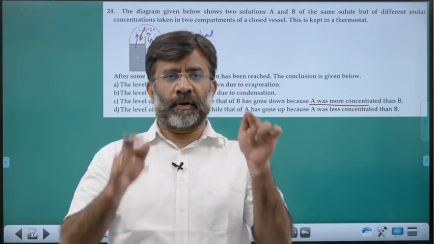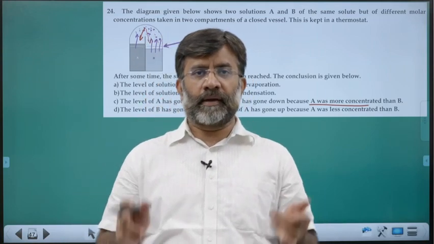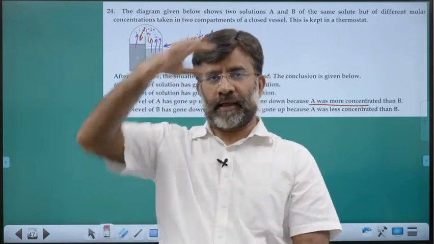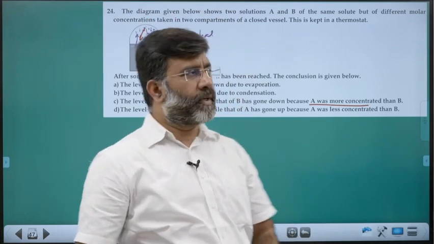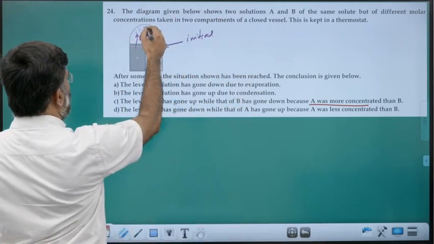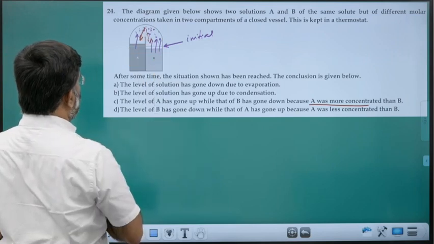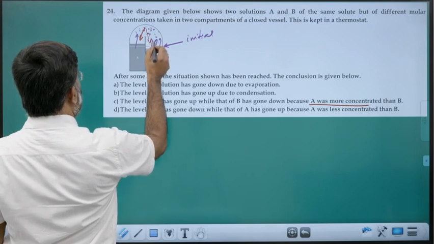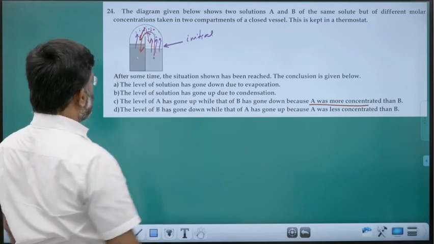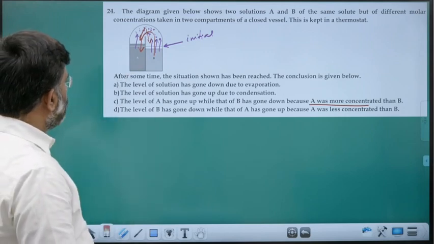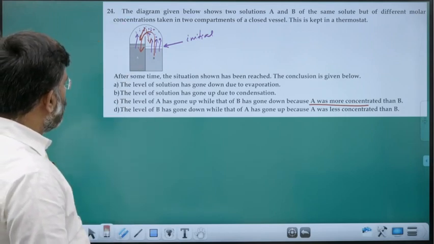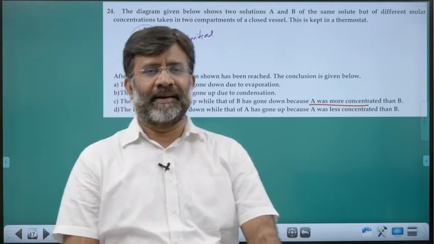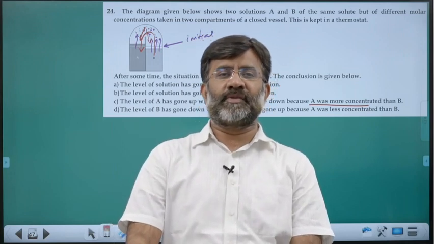So evaporation from A is low and that from B is high, and it is covered with a bell jar, like a dome. The vapors from B will be more available here and they are condensing equally into both compartments. So the net result is a transfer of matter from B to A. The level of B will come down and the level of A will go up, till the concentration of both becomes equal.